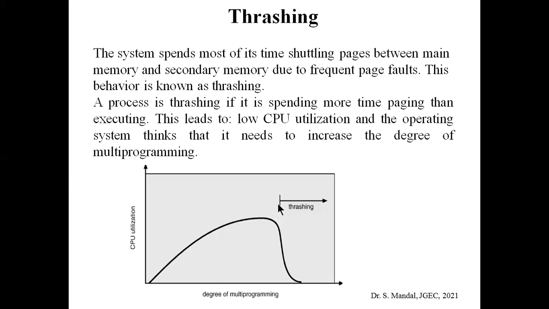As it takes a finite amount of time to load pages between secondary memory and main memory, the system spends more time on paging, so execution time is reduced. So thrashing is not a desirable condition. This is the optimal point where we can utilize the CPU maximally. Beyond that is known as thrashing.